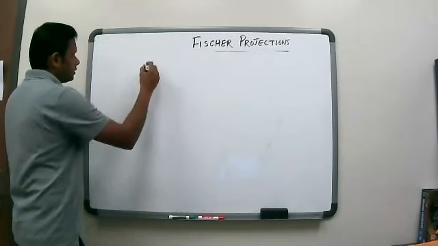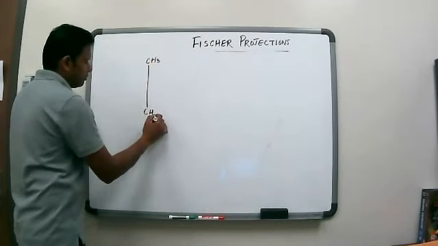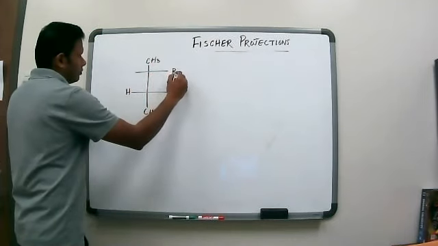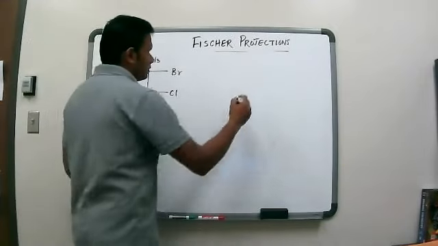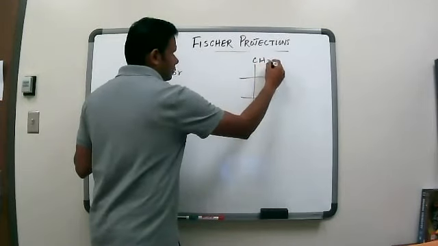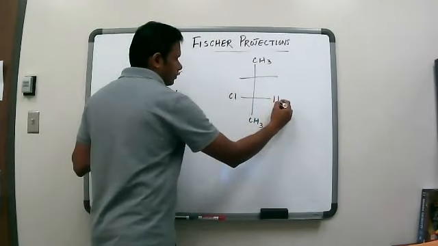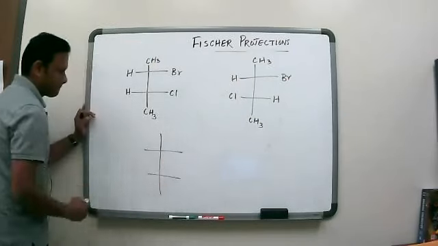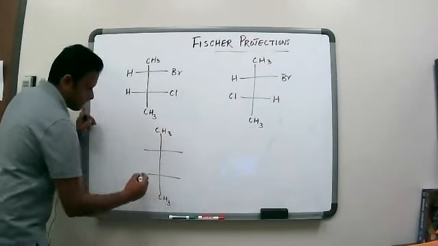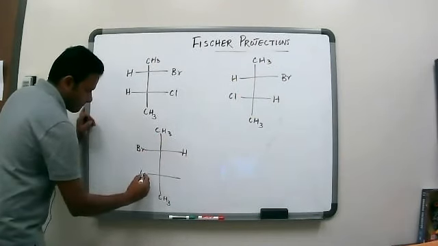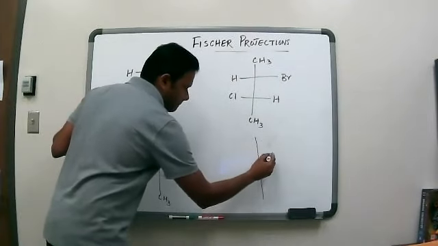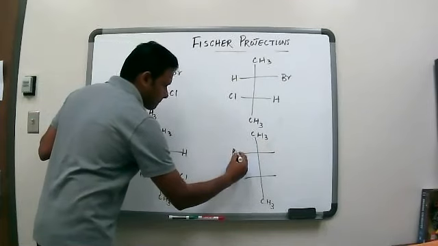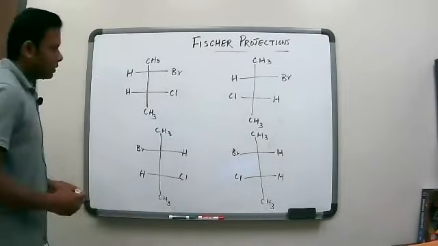Okay, let's say we have a molecule where we have methyl, methyl, there's H and Cl, and Br and H. Okay, so let's say those are 4 molecules that we've got.